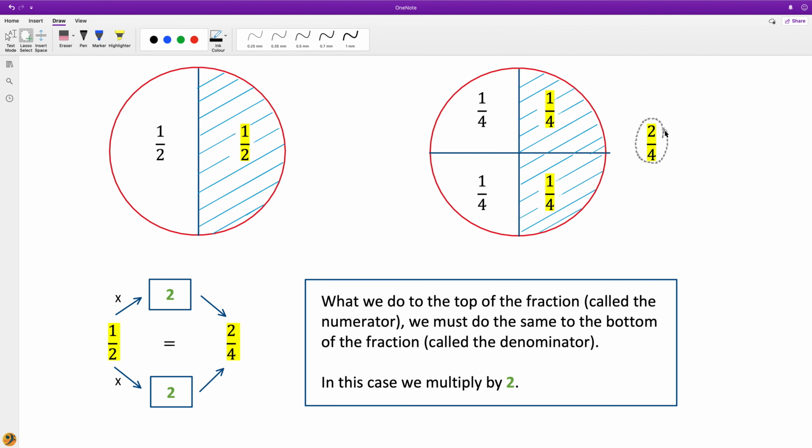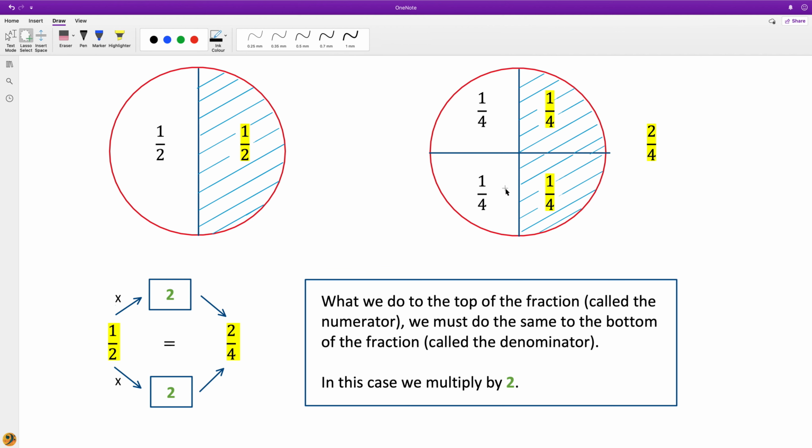Okay, so you can visually see that 2/4 is an equivalent fraction of 1/2. Okay, it's the same size as 1/2. It's just expressed as a different ratio of 1/2. It calls it 2/4 instead of 1/2. But they're identical. They're the same size.